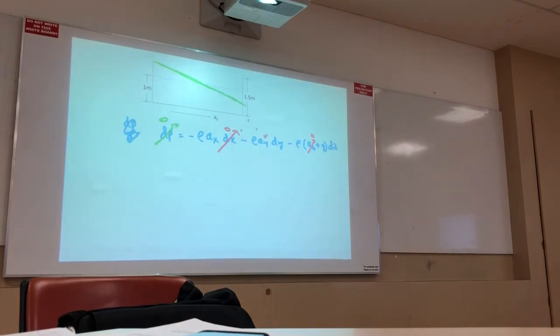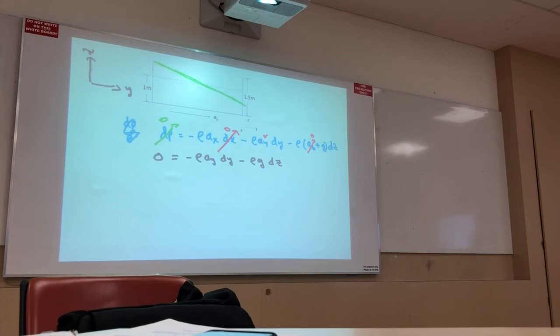So I can write 0 becomes minus rho ay dy minus rho g dz. Correct. In the question, this is the z direction and that one is the y direction, right?